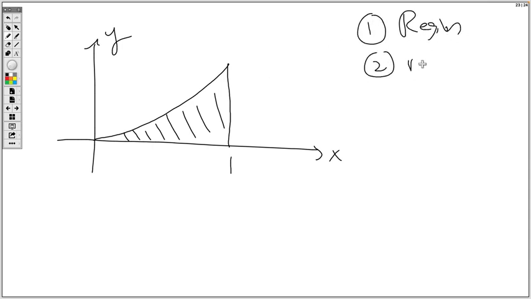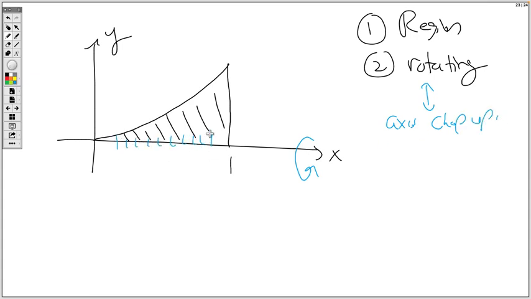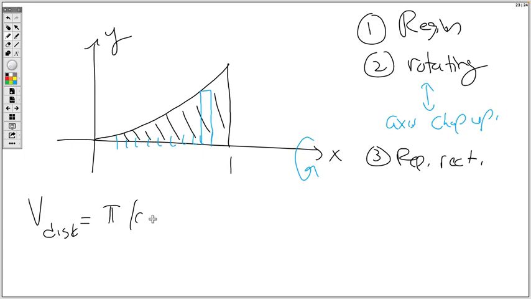Step two, now we want to figure out what we're rotating around. It tells us we're rotating around the what axis? The x-axis. This is the axis that you chop up. So I'm going to be chopping up the x-axis. Now it's time to do what? Draw your representative rectangle. And remember that the volume of the disk is pi times the radius squared times your thickness.